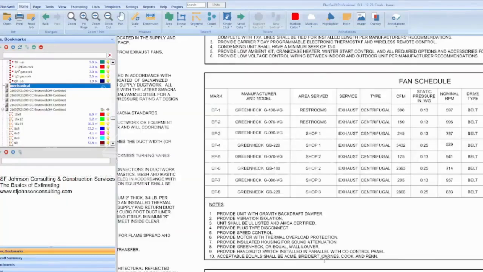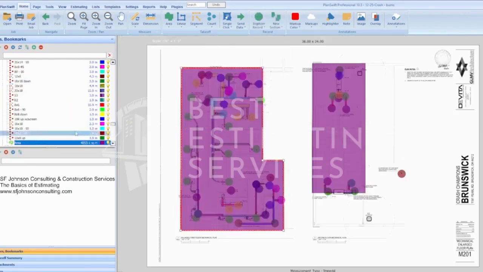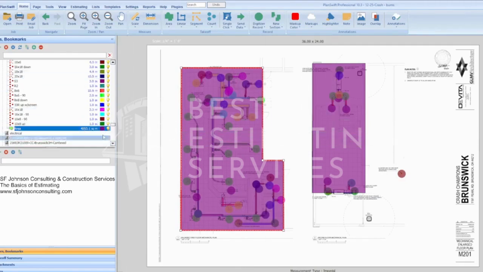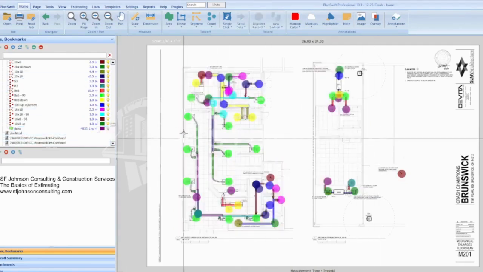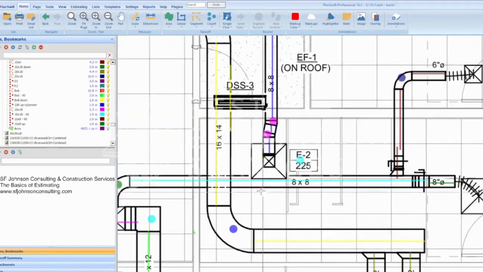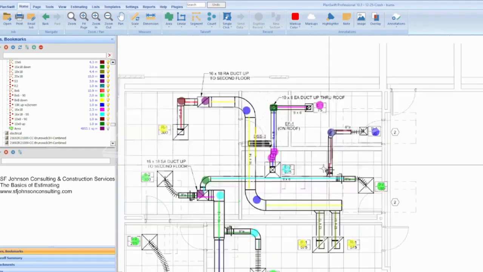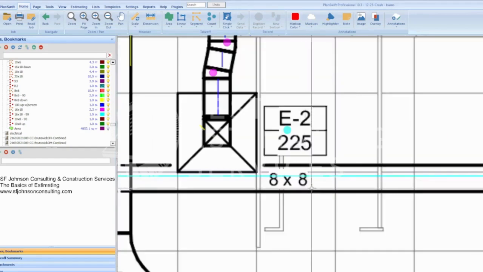Okay, and so when we talk about the basics of HVAC, we have our equipment. So when we have our HVAC equipment, what do we have? We have either spiral ductwork, that's signified by this and the radius of the ductwork, 6 inches, or we have rectangular ductwork, which is signified by this, something by something.